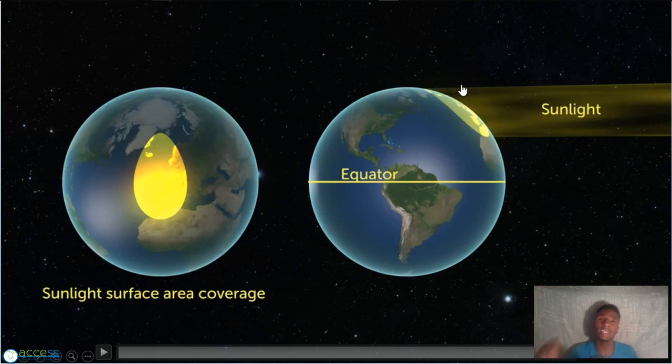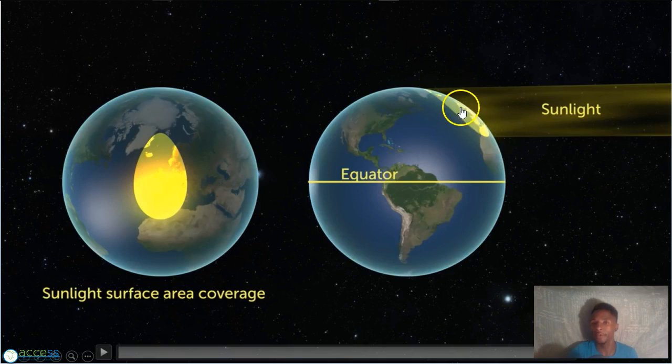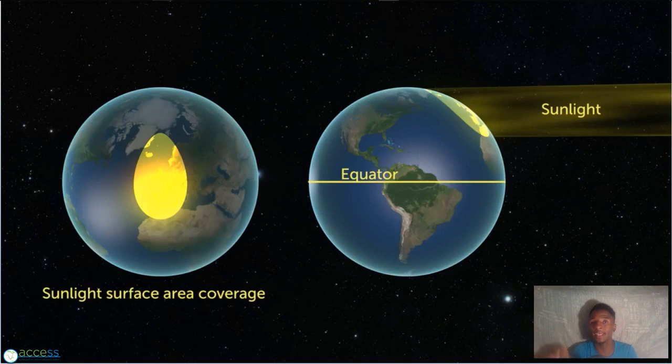If you remember our previous talk, I'd like to link this because it makes more sense now, as we learned from light and air. In light and air, we explained that light is scattered over a large area, as you can see. That's why at the poles the sun does not shine as bright as at the equator. It's because of this scattering, so we are relating this to light and air.